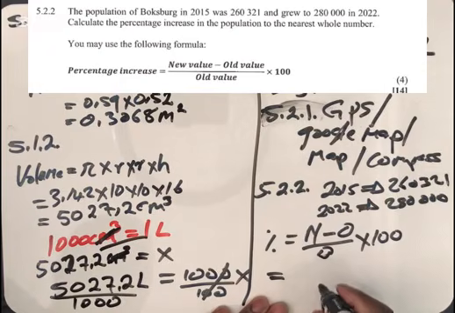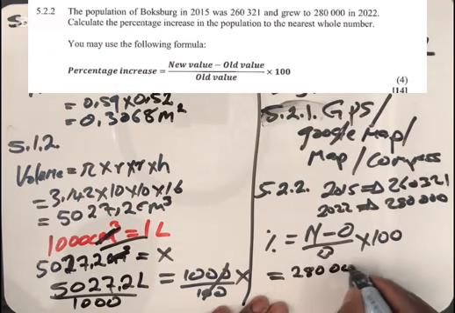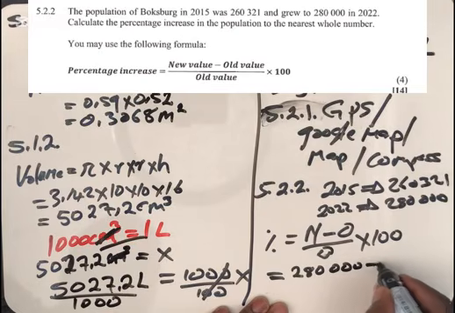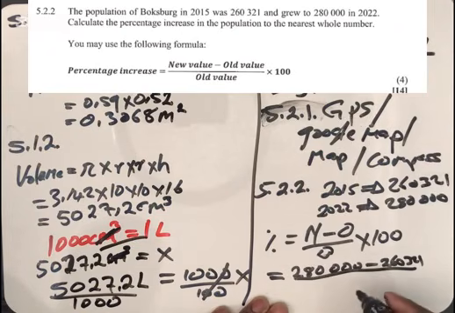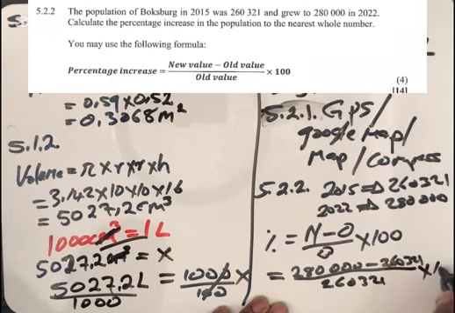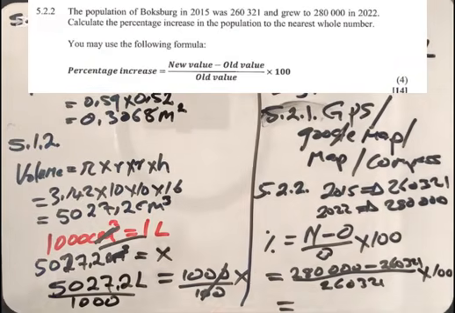And then let me say the new is 280,000 minus 260,321. Divide by the old one. The old one was 260,321. We multiply everything by 100. Yes, at least it will fit here.